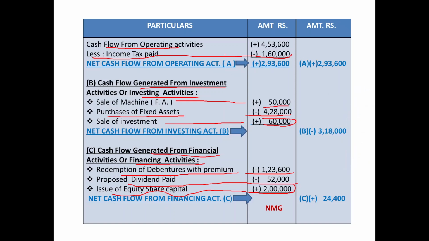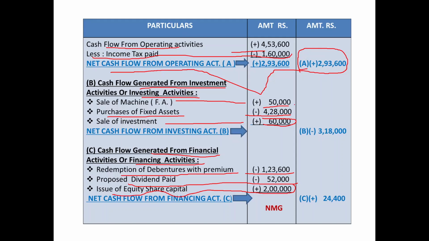Less income tax paid, we already reported it, 1,60,000. That gives the final answer, net cash flow from operating activities, A, plus 2,93,600.